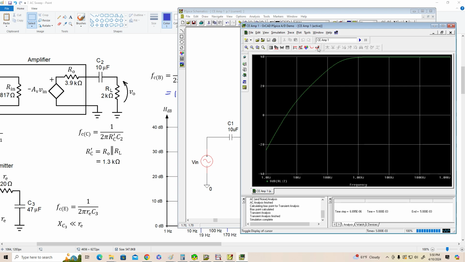Okay, now I'm going to turn on my cursors, and I'm going to drag one out here into the pass band, and we see that, let's see, what is our gain? About 39.7 dB. All right, now what I'm going to do is use a second cursor and drag it out to find the corner, and that's where this difference will equal minus 3 dB.